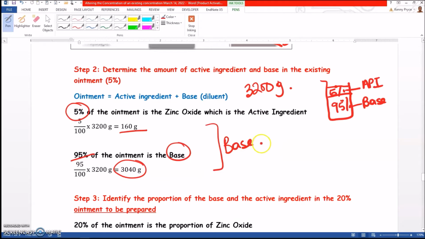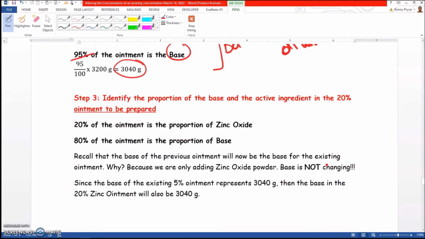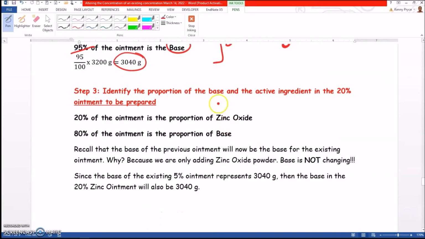The base in an ointment is really the vehicle or the diluent, but they all mean the same thing. It has no therapeutic value, meaning it's not going to confer any therapeutic response. All it is there to do is really to carry the active ingredient. So that is our base. Now, step 3 says we are to identify the proportion of the base and the active ingredient in the 20% ointment that is to be prepared.